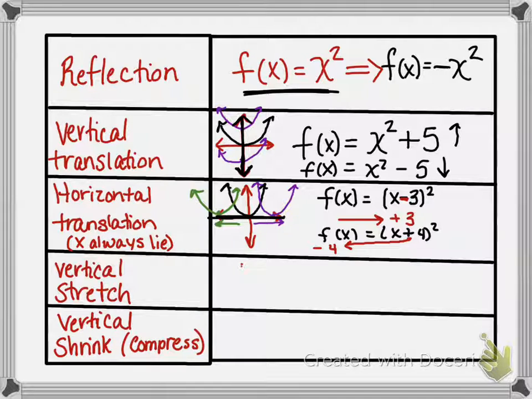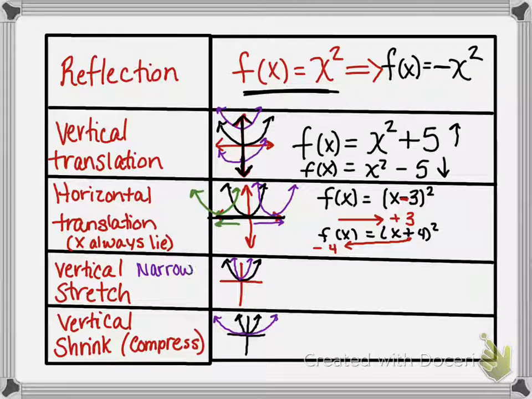And what we mean by that is, let me draw my parent function. So if I've got my parent function, not the greatest, but there it is. If I want to do a vertical stretch, that's where I take these two and I stretch them in so much closer together. Now, the other option of that is, let me draw that one more time. Here's my parent function. If I do a vertical compress, I shrink down lower and I get wider. That was the word I wanted. This one is more narrow.